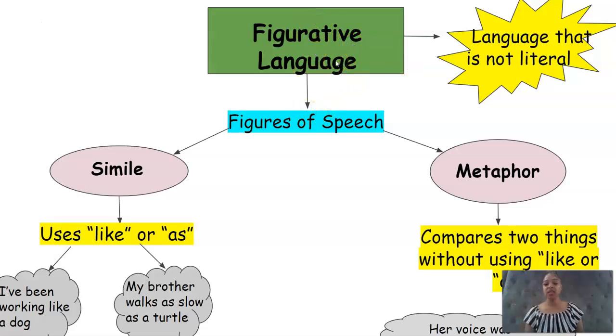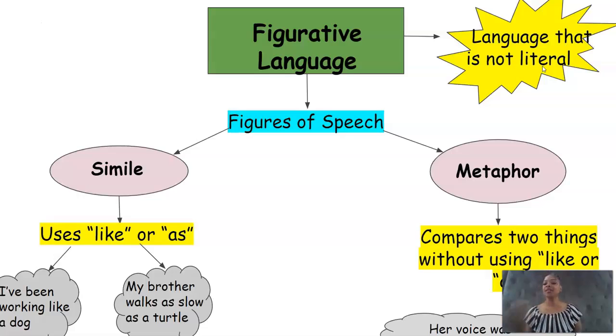Okay, so figurative language. Remember, figurative language is language that is not literal, meaning it's language that doesn't necessarily mean what you say. Just because you say, oh, it's 1,000 degrees outside, doesn't really mean that it's 1,000 degrees outside. We're just saying it's really hot.